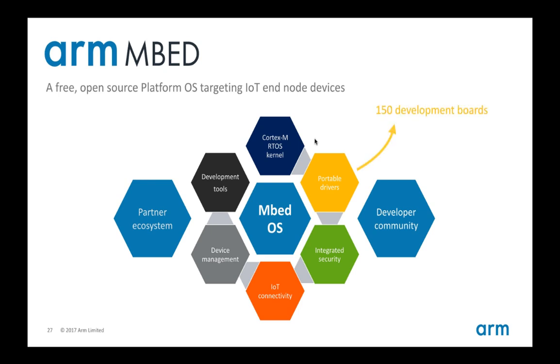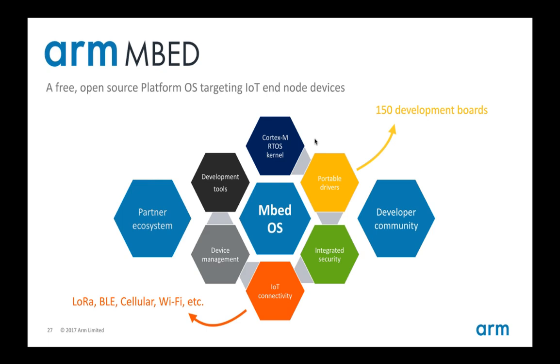What makes this nice for LoRa is that we have portable drivers currently ported to over 150 development boards, so it doesn't matter which MCU you want to use, whether it's a small Cortex-M0 or a beefy Cortex-M7 with 2 megs of RAM. We have Mbed already ported to that. On top of those portable drivers, we have connectivity libraries, for example BLE, cellular, and Wi-Fi, but we also have a LoRaWAN stack.